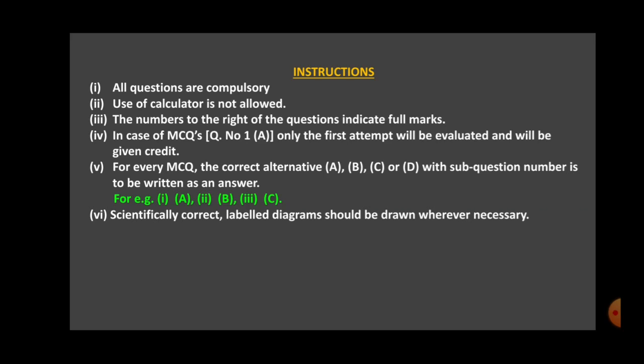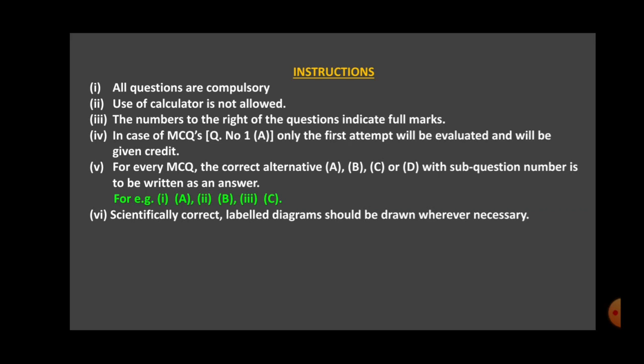Now the most important instruction, which we have repeatedly told you in the classroom also: still, in the preliminary exam we have found that many of the students, in spite of writing the correct answer, got 0 for this first A question. Now first A question is multiple choice questions.